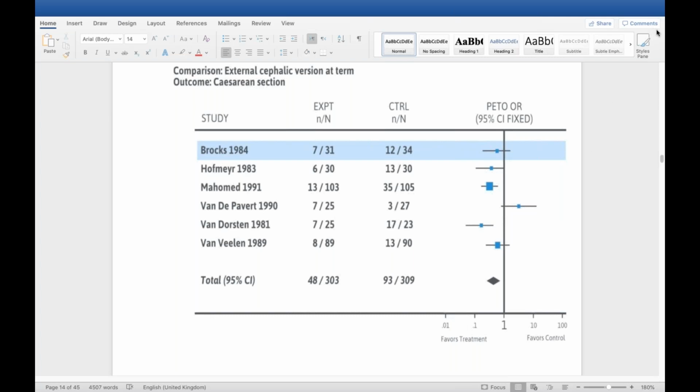How does the diamond express its conclusion? After doing the statistical analysis of all these, the statisticians or the researchers reach the numbers, so they can draw this diamond. This is the end point of their statistical analysis.